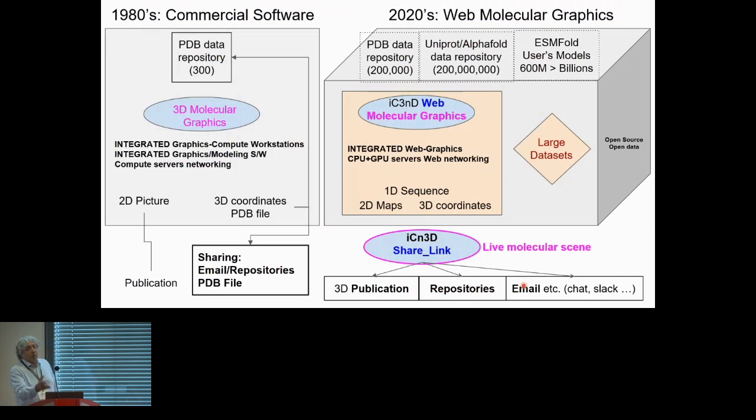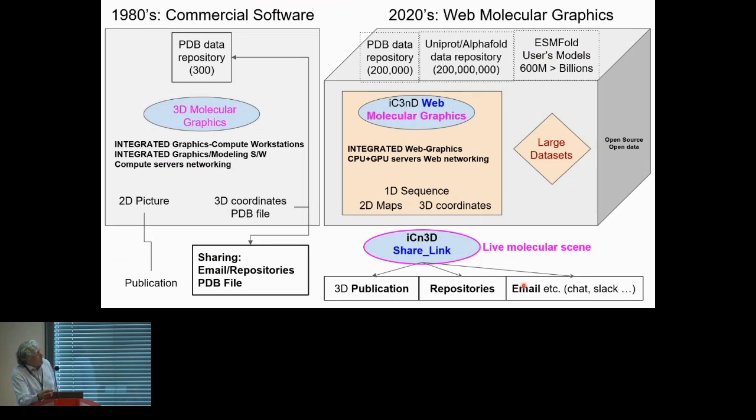So in terms of software, web molecular graphics is basically doing what you do with classical platforms, mostly commercial. There's no such thing as open source in this field, unlike genomics, for example. So on your right, it's kind of a parallel between the current commercial software and the web software.